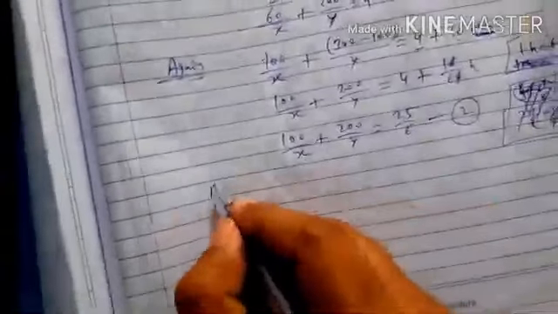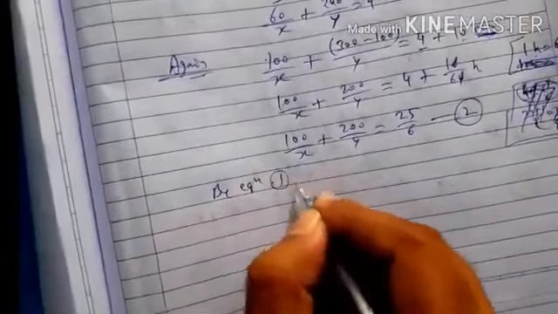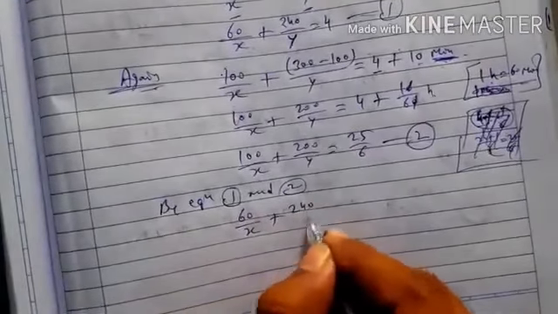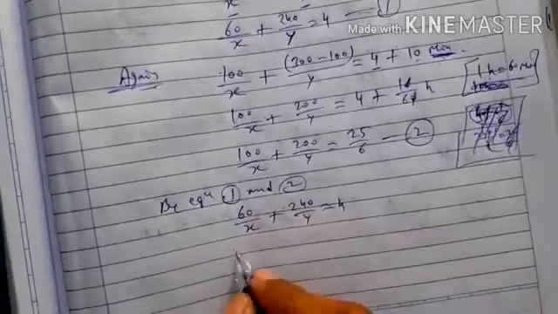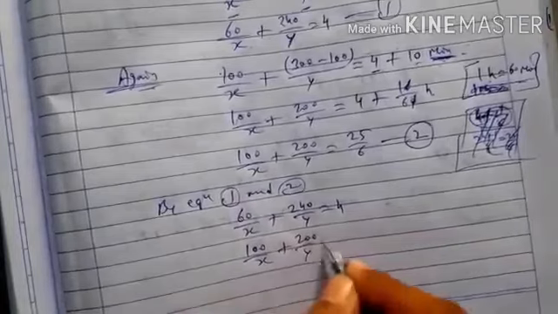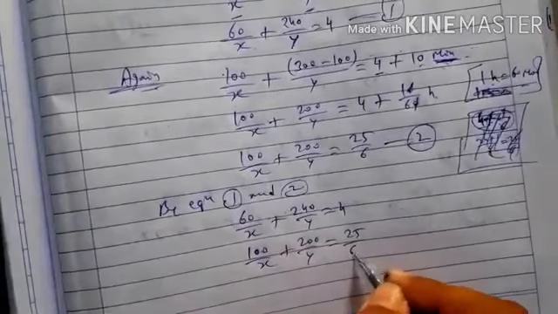So from equations 1 and 2: 60 by x plus 240 by y equals 4, and 100 by x plus 200 by y equals 25 by 6.